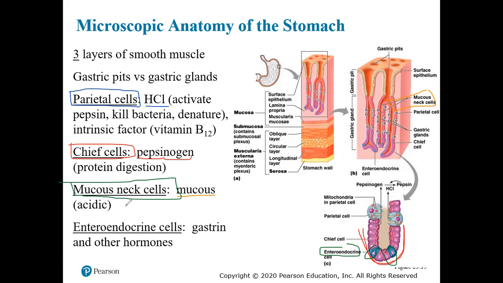And this mucus is slightly acidic, by the way, but to know what they produce, so hydrochloric acid, pepsinogen, and an acidic mucus, to know where their location is, that at the bend, at the deep U section, is where you'll find the chief cells. Slightly further up that gastric gland, you'll find the parietal cells. And then closest to the gastric pit will be the mucus cells.